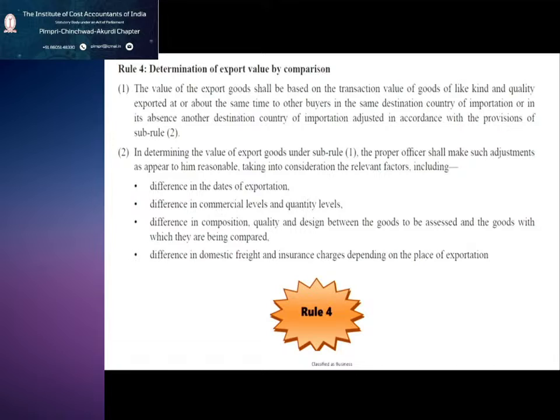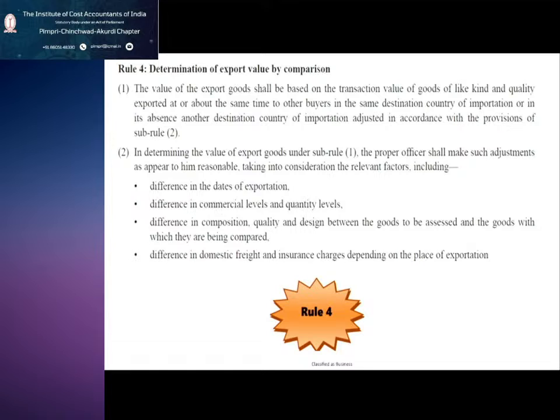So what is said in export value by comparison? The value of export goods based on the transaction value of goods of like kind and quality exported at or about the same time to other buyers in the same destination country, or in its absence another destination country of importation.